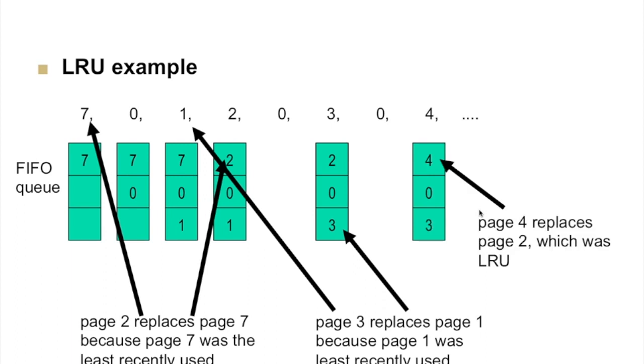Now you can see page 0 never got unloaded. And it's because page 0 was used quite often. Every once in a while, we were accessing page 0. That tells us that page 0 should stay in memory because we will most likely be accessing page 0 again in the future. So this allows us to reduce the number of page faults.